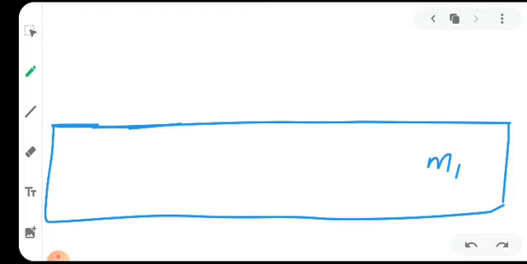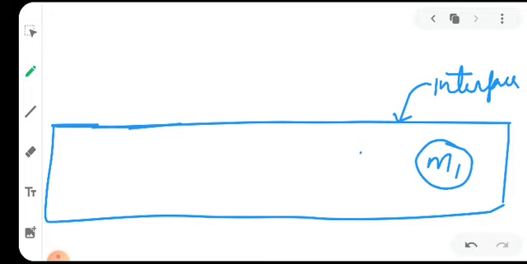So this acts as an interface. So this is an interface below which is medium 1 and above it is vacuum, which itself is a transparent medium through which light travels at the fastest possible speed.